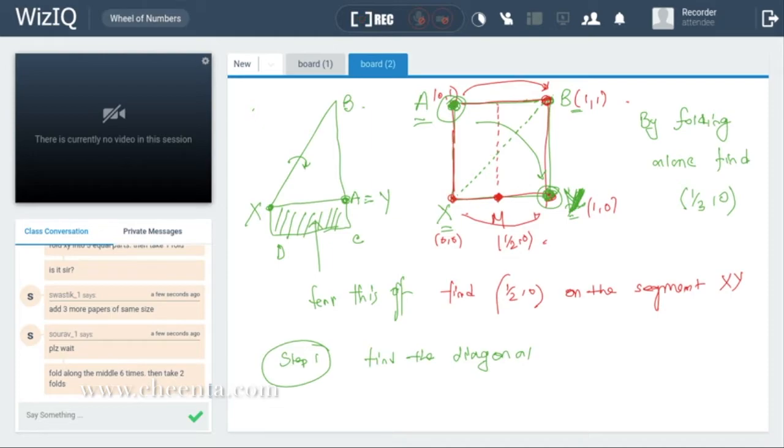Now, what should you do? How should you fold to get 1/3, 0?